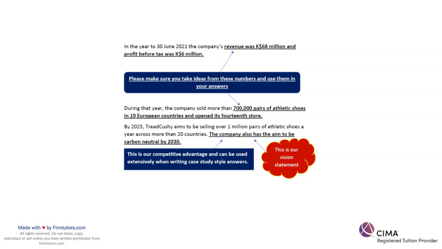When you are at work as a finance professional answering something, you'll always make it very much related to the company you are working for, right? You have to do the same thing over here, but think of yourself as working for TreadCushy. Everything you write has to be relevant to TreadCushy, and that is what this entire pre-seen is about.